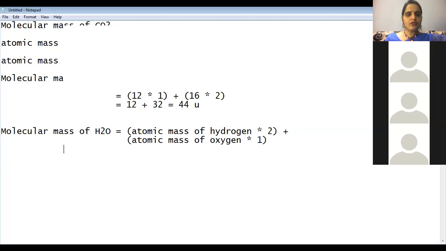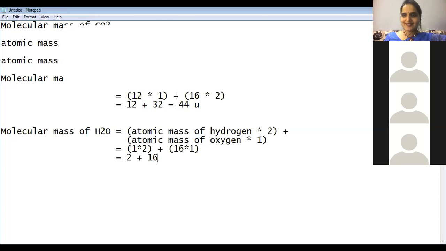So we'll substitute the values here. Atomic mass of hydrogen is 1 multiplied by number of atoms in water, which is 2, plus atomic mass of oxygen is 16 multiplied by 1, giving us 32.